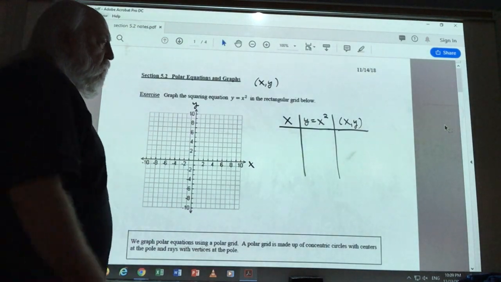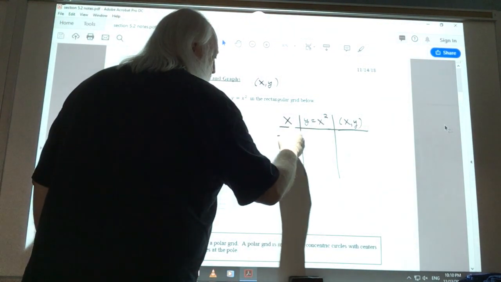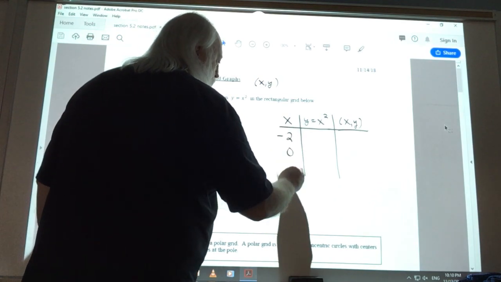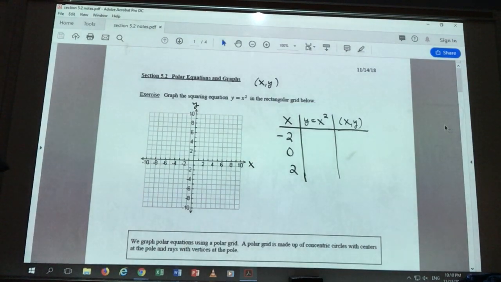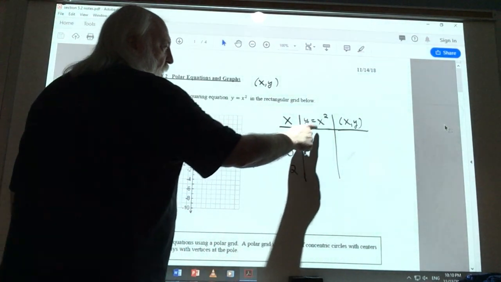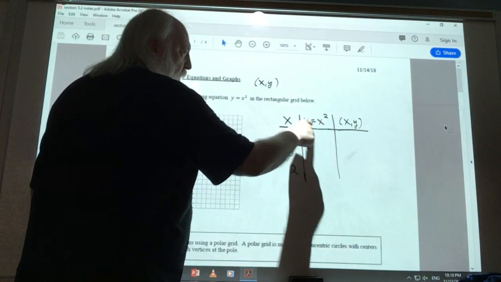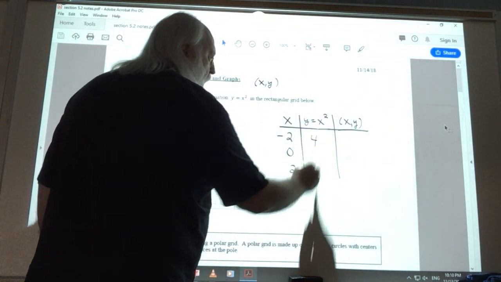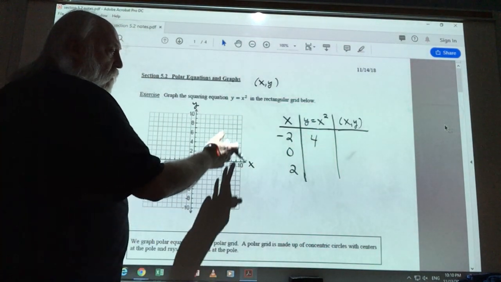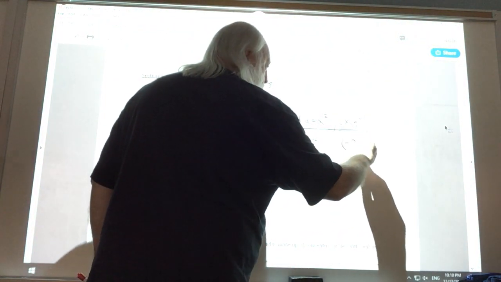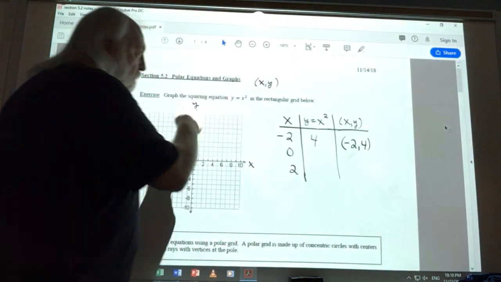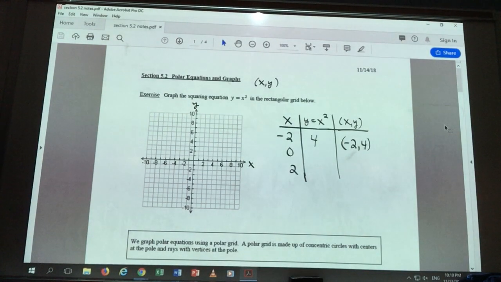So let's use, let's say, -2, 0, and +2 as our values of x. When I put in -2 for x in the equation, -2 squared is 4, so I get y equals 4. And so the first point in our table that is on the graph of this equation has the ordered pair -2, 4.